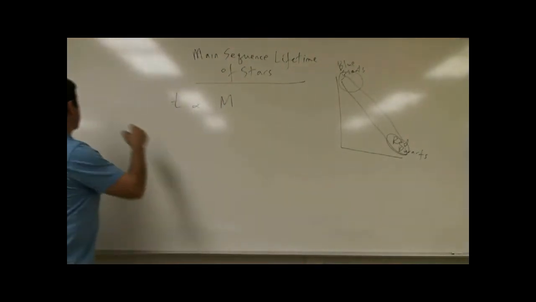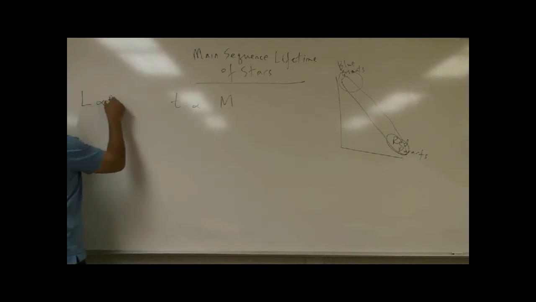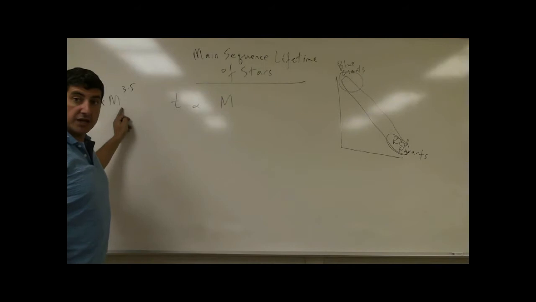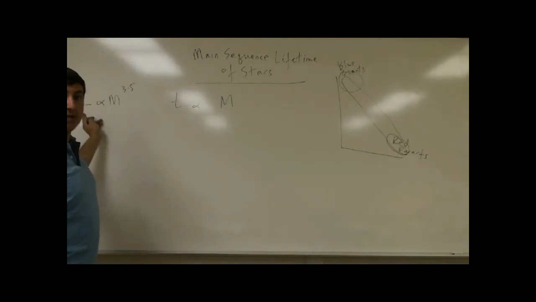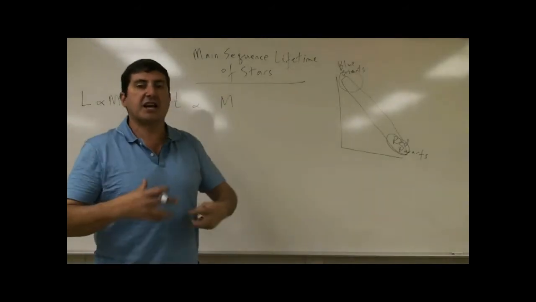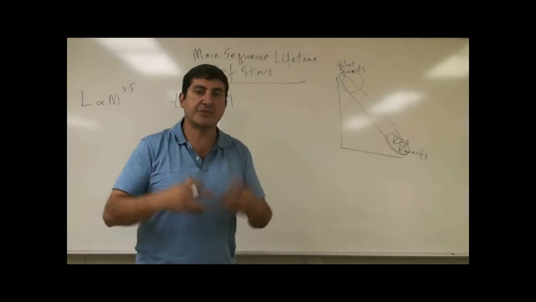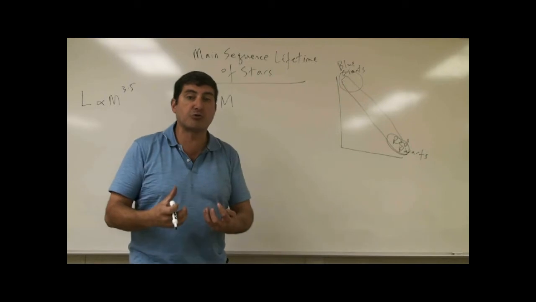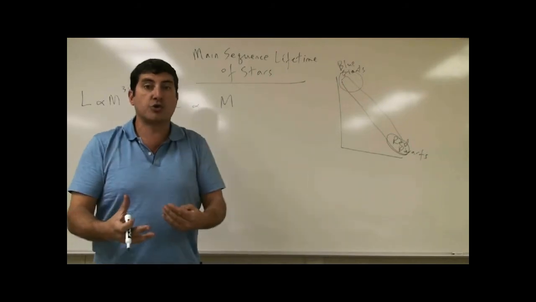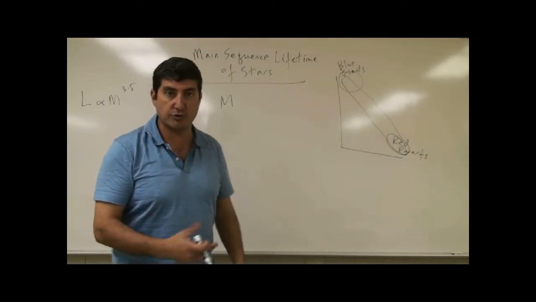Remember, we saw the equation: luminosity is proportional to the mass to the 3.5. If the star is very heavy, it also shines very brightly, which means every second it has more nuclear fusion going on. It's wasting its hydrogen supply very, very quickly. So it's burning up very quickly also, right?